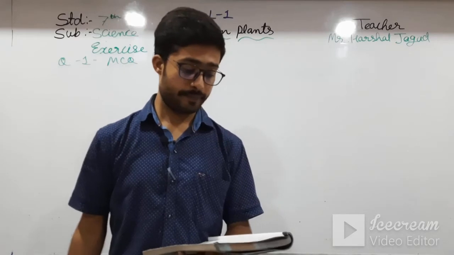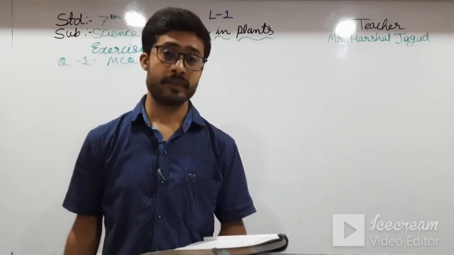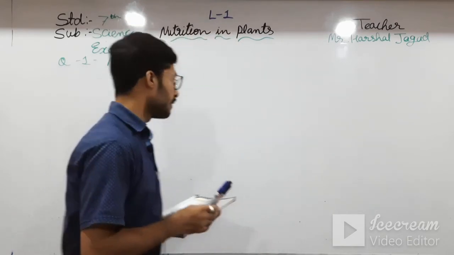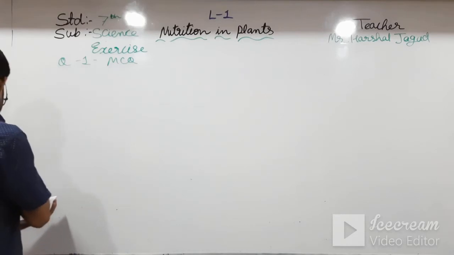which pigment in green plants is needed for photosynthesis to occur? So which pigment is needed? That is chlorophyll. First answer is chlorophyll.